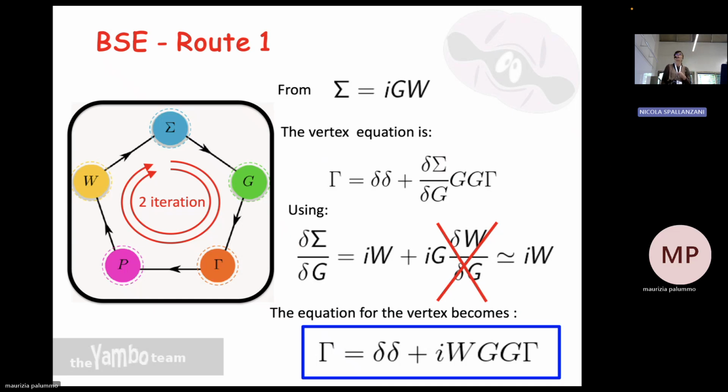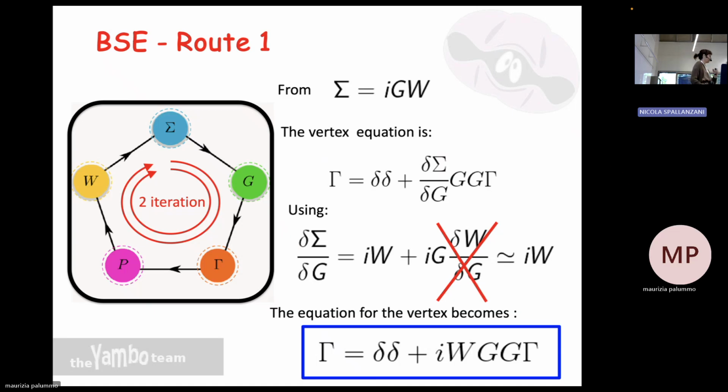In principle, we have two terms, but because numerically it's very complicated, what we do normally, and you will prove in the Bethe-Salpeter solution, is to neglect this term. So we assume that this term is null. So the functional derivative of the self-energy is simply W. And then we have an equation for gamma at the second iteration, that is delta plus delta Σ over delta G, GG gamma.